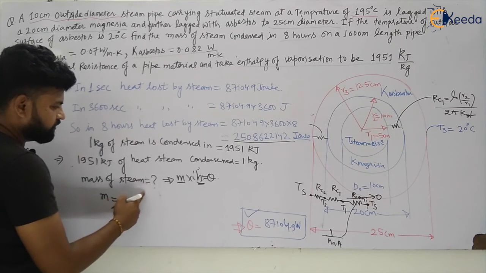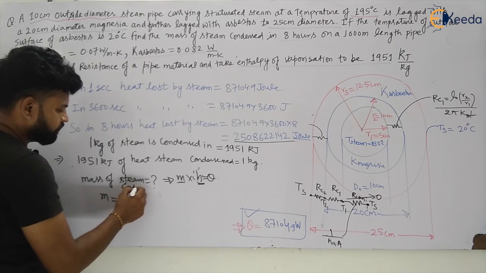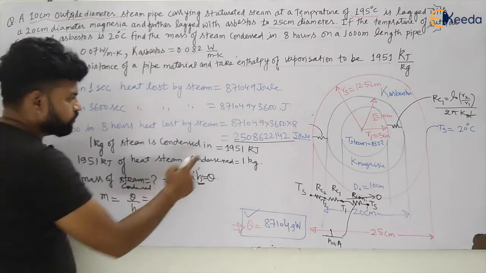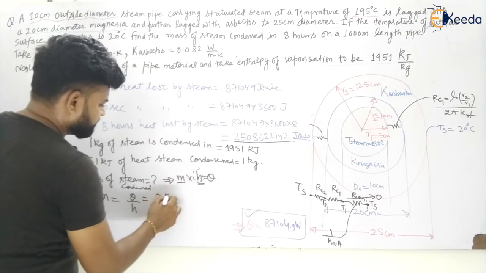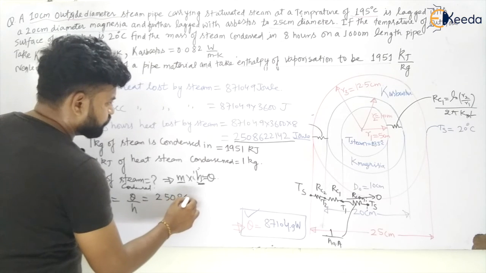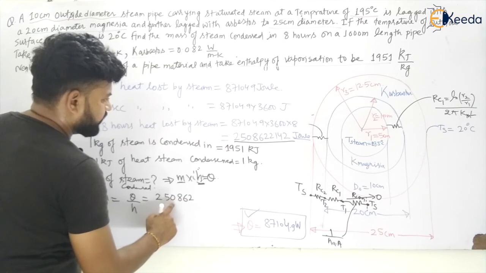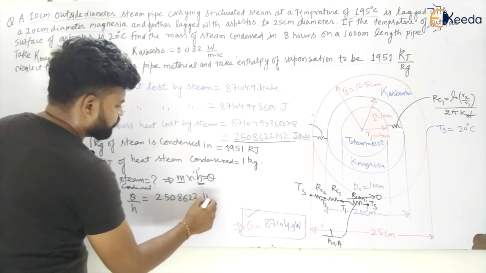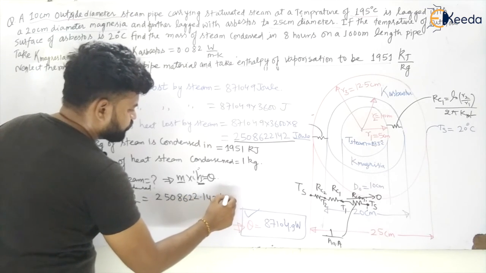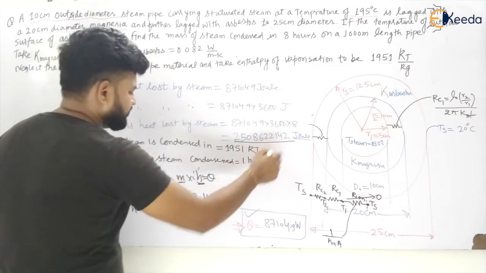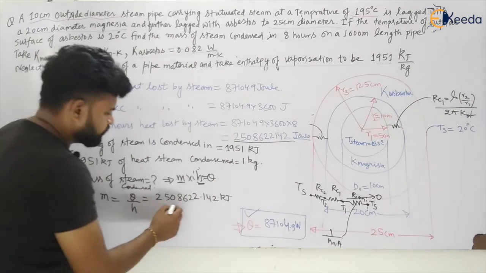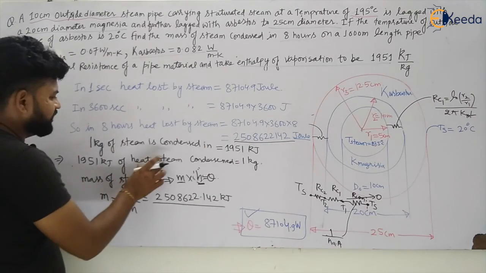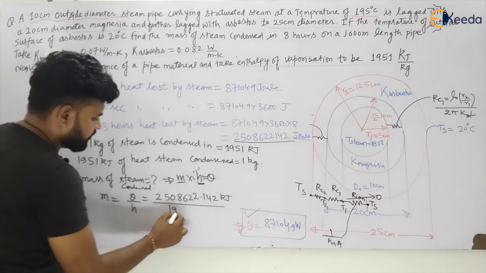Yes, mass of the steam condensed will become equal to q by h. So what is your q? That is your 250,862.142 kilojoule, my dear students. That is in joule; I have converted to kilojoule here. Okay. So now I am dividing it with latent heat of vaporization, which is 1951.